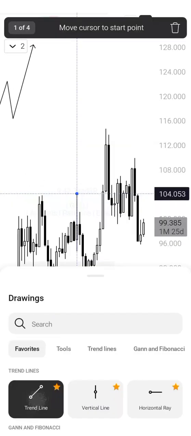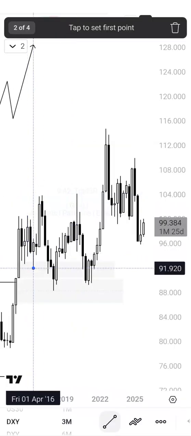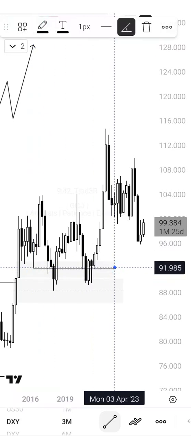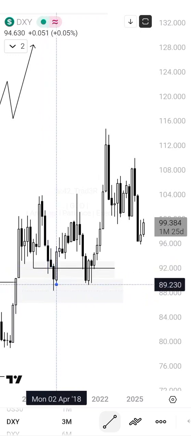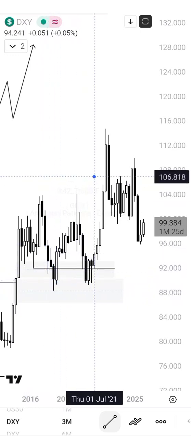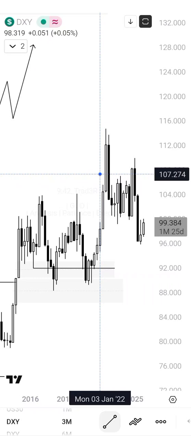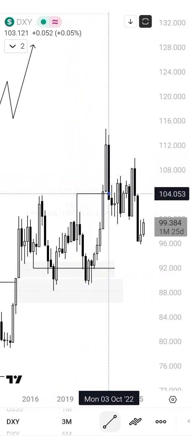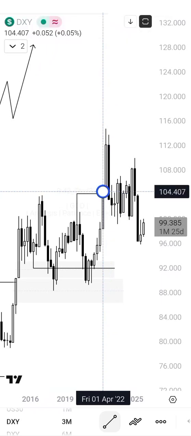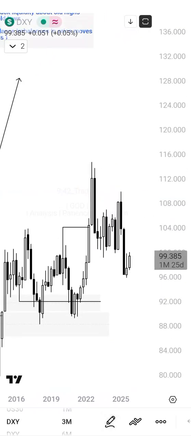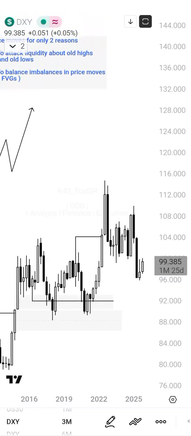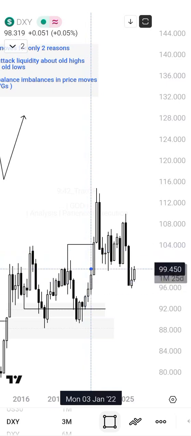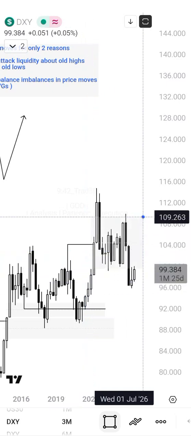Before they move to the upside, you can see this low here. That's the old low. They took the liquidities below it into the fair value gaps. Now, they accelerated, they rallied, they expanded to the upside, taking out buy side liquidity.